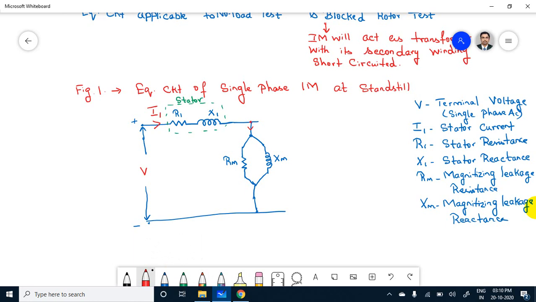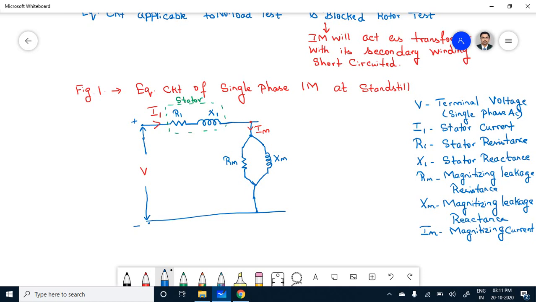The current flows, because this is my terminal, the current flows in this magnetizing part, that is nothing but IM. Okay, IM stands for magnetizing current. Magnetizing current.